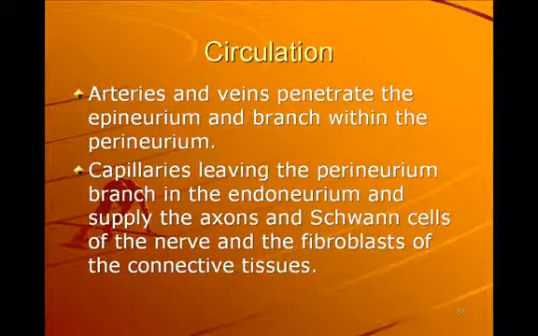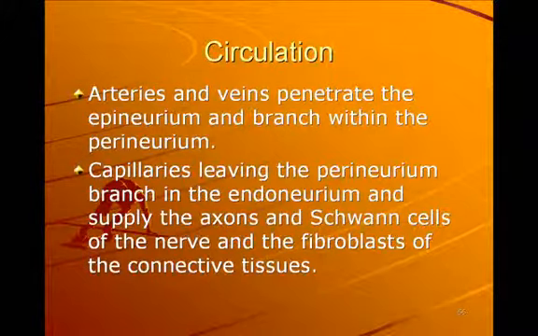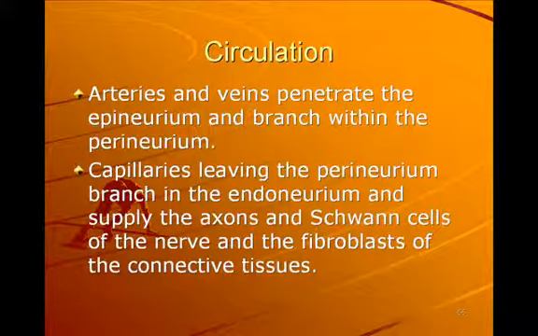Arteries and veins penetrate the epineurium and branch within the perineurium. Capillaries leaving the perineurium branch in the endoneurium and supply axons and Schwann cells of the nerves and the fibroblasts in the connective tissue. Now, if we mention Schwann cells, you know that we're talking about areas in the peripheral nervous system.